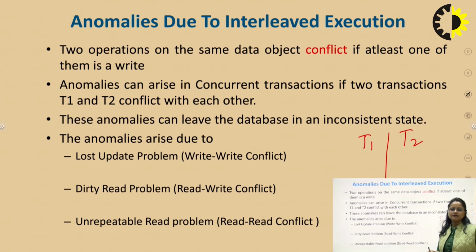Then we can read data item A in T1 and then switch to read of T2, then read B, write A. So in a concurrent schedule, interleaving of operations is allowed. It means we can swap from one transaction to another without the completion of the first one.